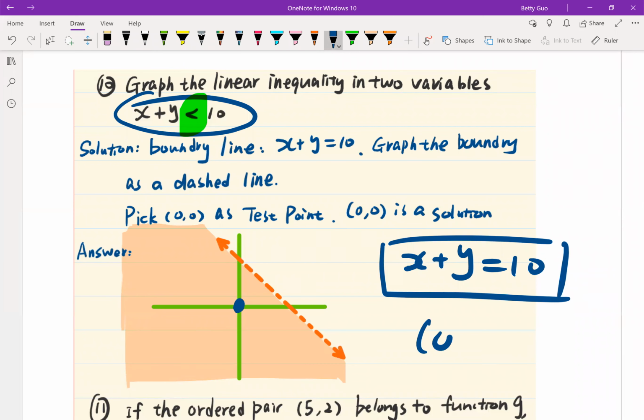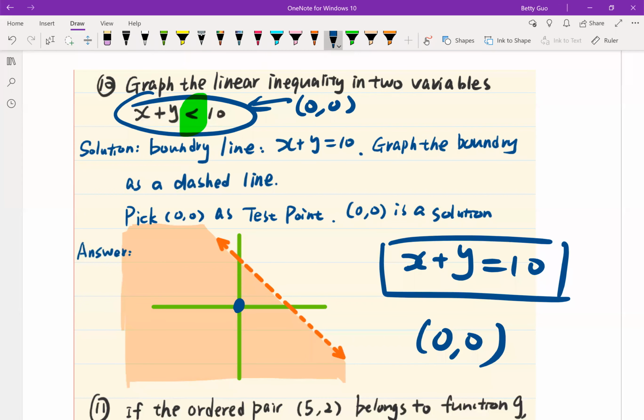Step two, we find a testing point. Normally we use 0, 0. As long as 0, 0 is not on the boundary, we always use that because it's convenient. So you plug in 0, 0 into the original inequality and tell me, do you have a true statement or a contradiction? 0 plus 0 less than 10, is that a true statement or a contradiction? You plug in, yes, true statement.